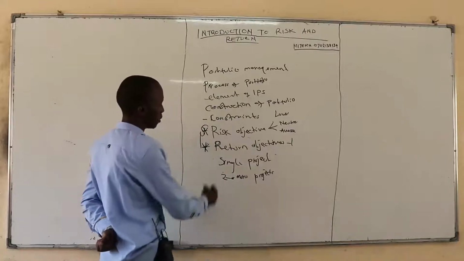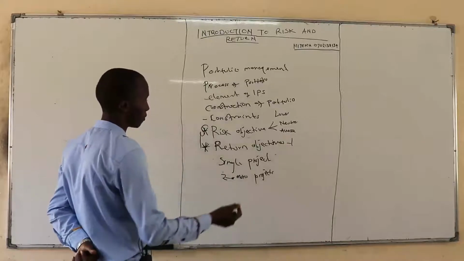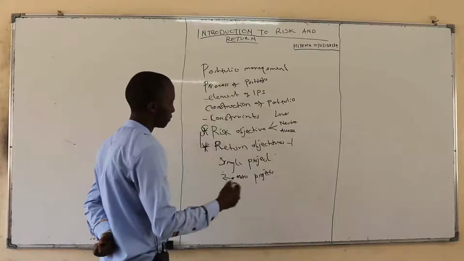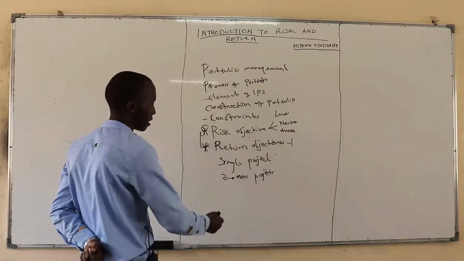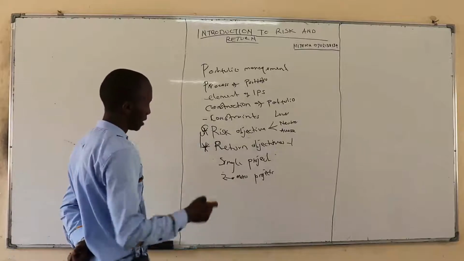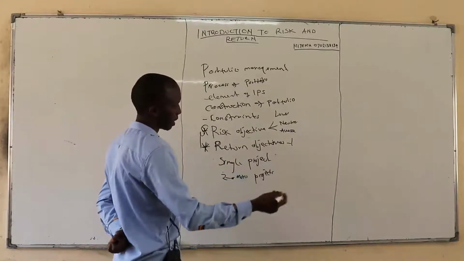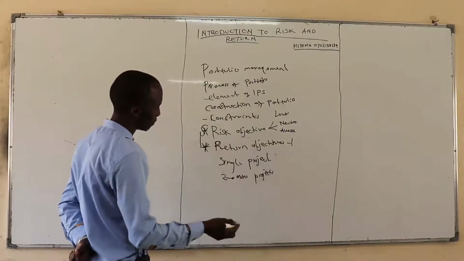We find that most companies or firms do what we call diversification of their projects, so that they may have different investment projects. They can invest in a riskier project, and at the same time they can invest in a low risk or less risky project.